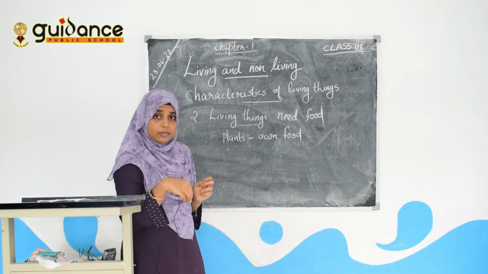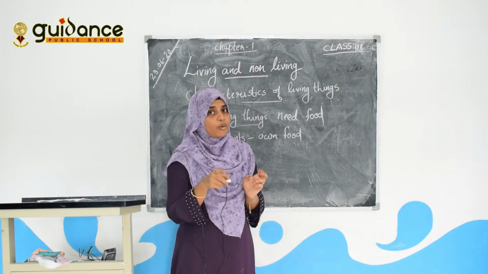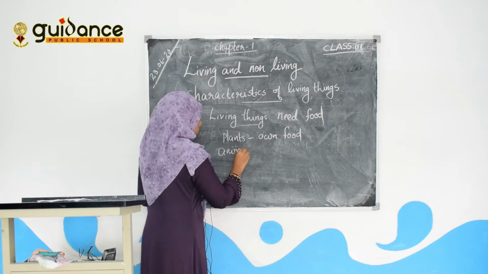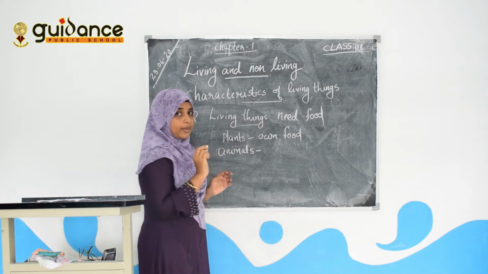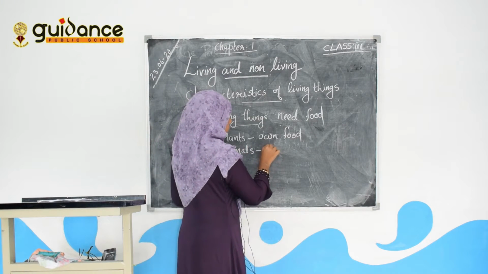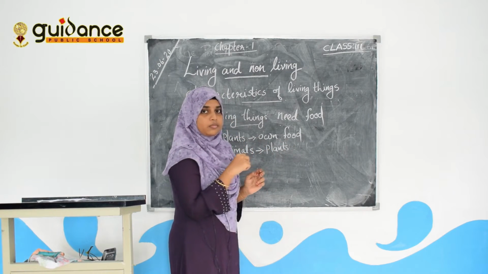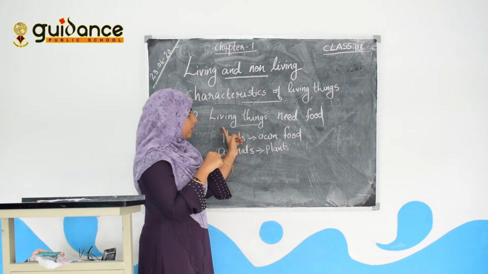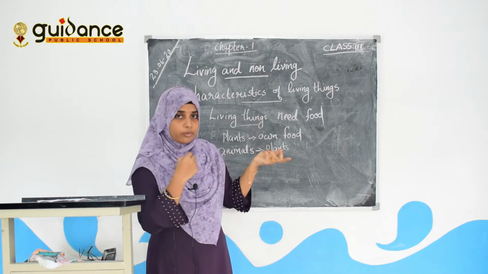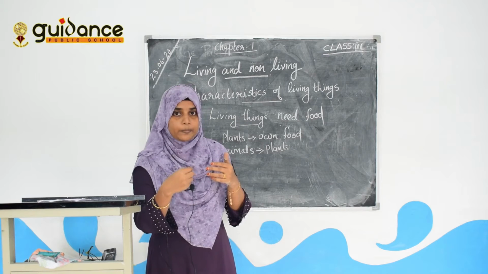In the case of animals, they depend on other animals or plants for food. Okay, so living things need food. Plants prepare their own food and animals depend on other plants or animals for food.